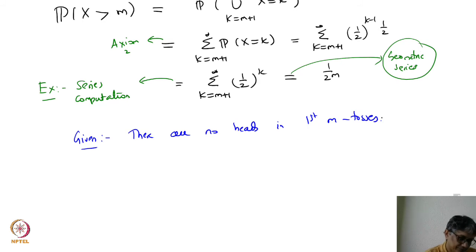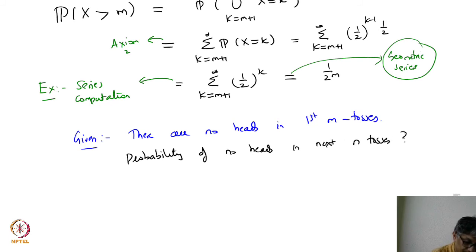Then the question is, what's the probability, I'll write in words, of no heads in the next n tosses, given there are no heads now?